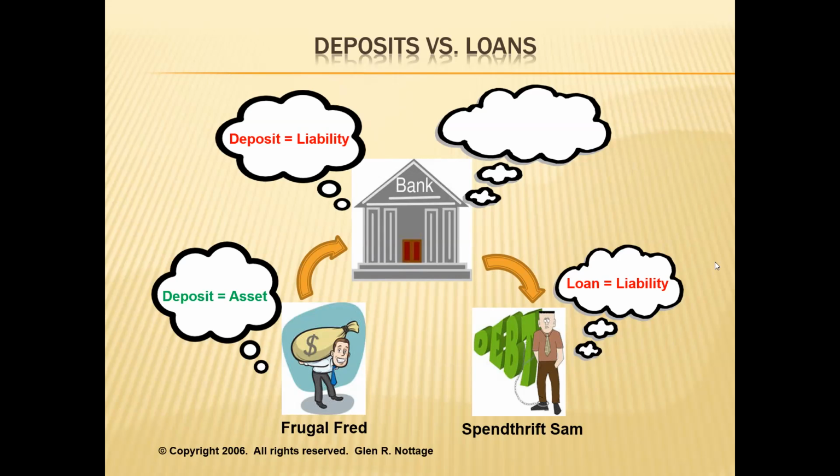It's a liability to the bank because the bank doesn't own that. Okay. So it's a liability to the bank because they don't own that.